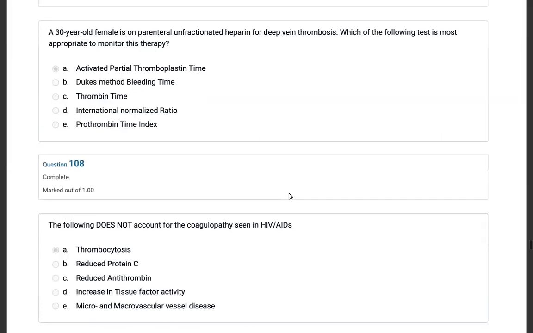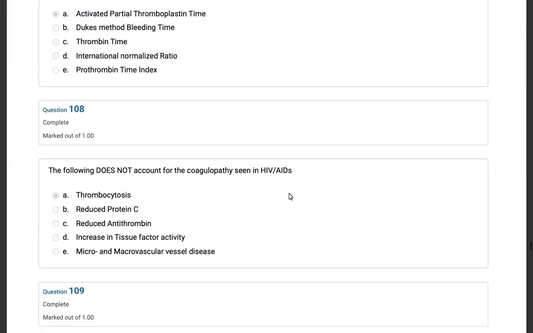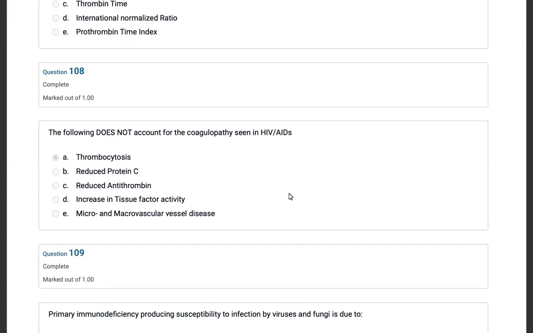All right, question 108. The following does not account for coagulopathy as seen in HIV and AIDS. And maybe someone can just quickly give us the answer.